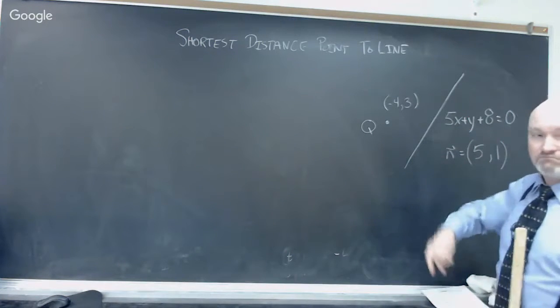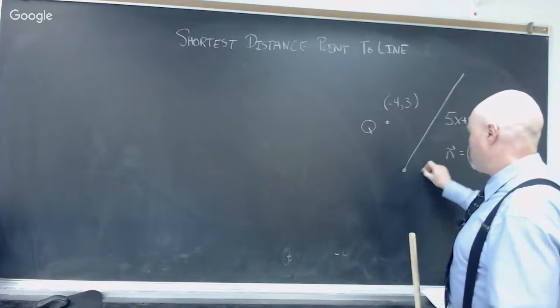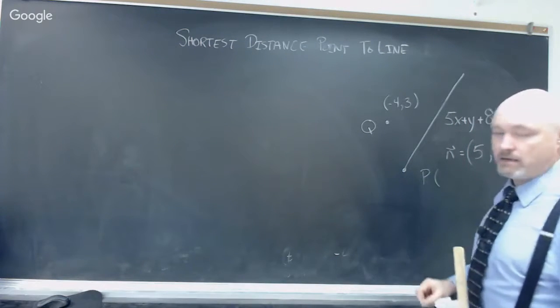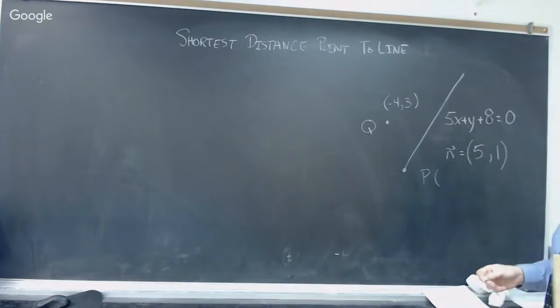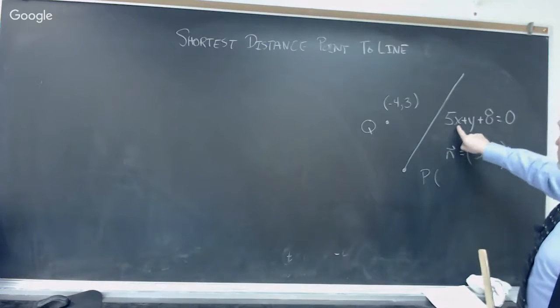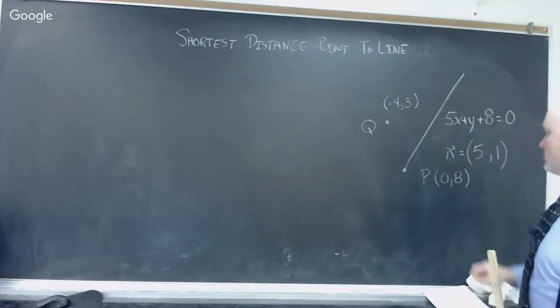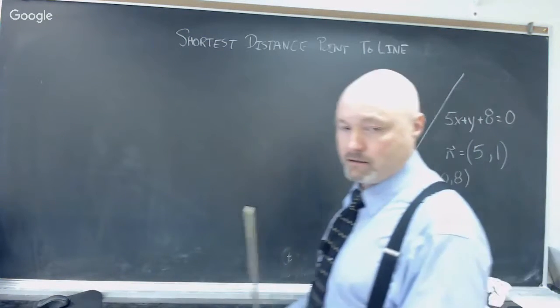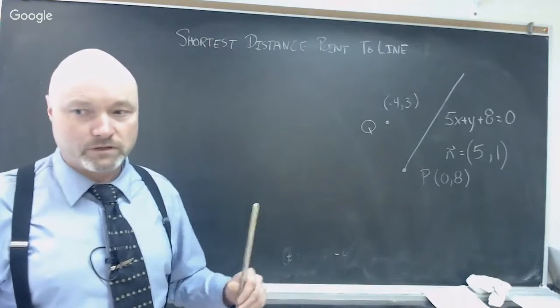So we need to pick just any point anywhere on the line. We're going to pick a nice handy one, point P, and we're just going to use the y-intercept of the line. So when x is 0, y is equal to -8. So (0, -8) is going to be our arbitrary point that we're going to choose.